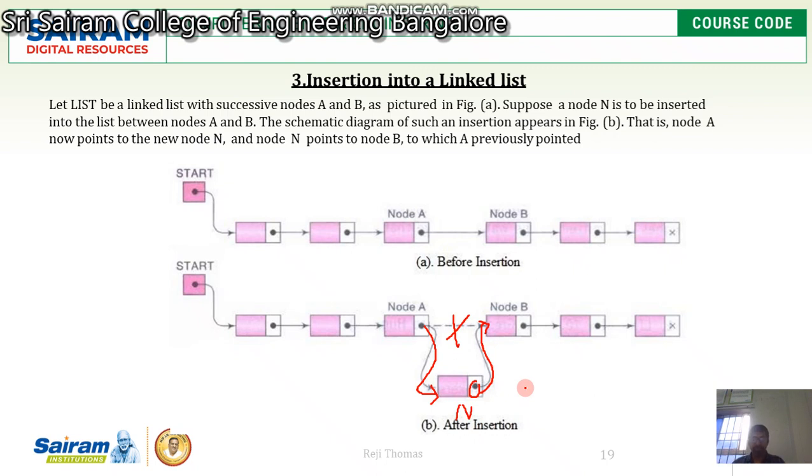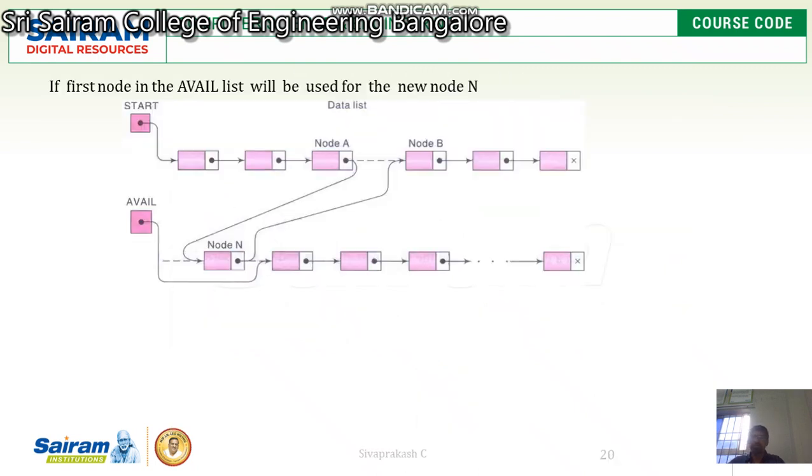We have successfully inserted a node between A and B. The node which got inserted, we call it as N. So we can say that we have successfully inserted a node N between two nodes, and the nodes are A and B, right? So let us see a little different way.